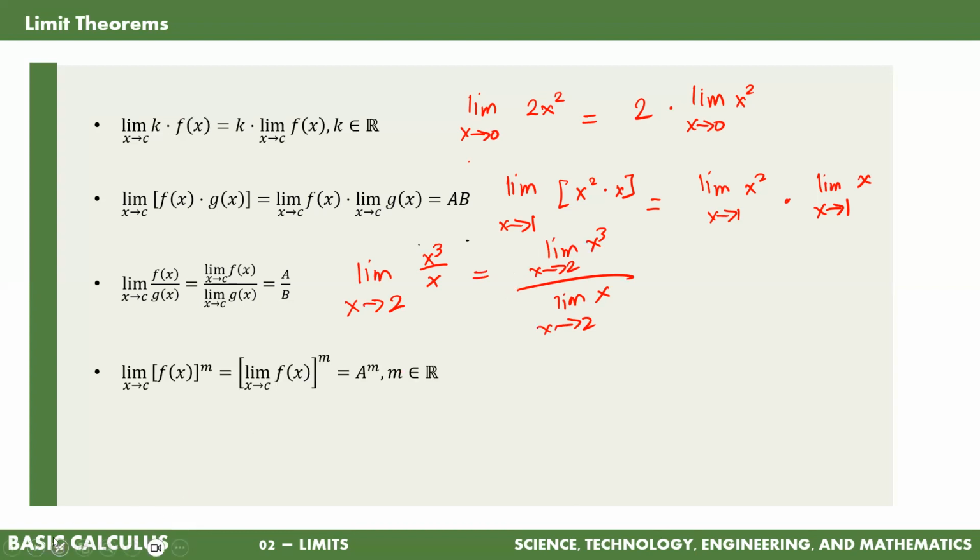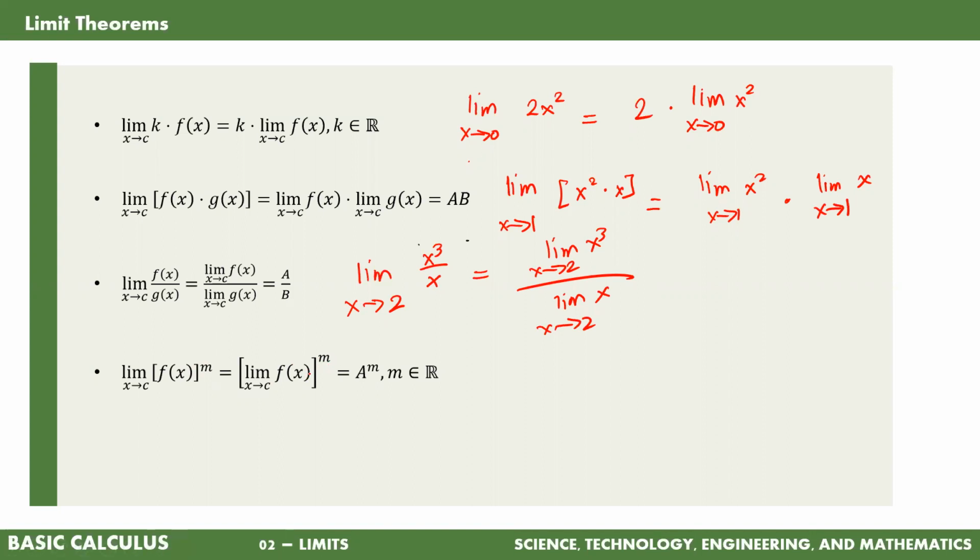Next, ayan. So, the limit of f of x raised to m as x approaches c equal siya sa limit of f of x as x approaches c raised to m. Dito, ang sinasabi lang niyan, yung exponent na nandito sa f of x, okay? Instead na sa f of x mo siya i-raise, pwedeng kuhain mo muna yung limit, tas tsaka mo i-raise to that exponent.